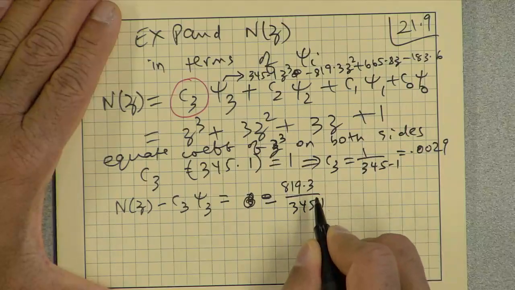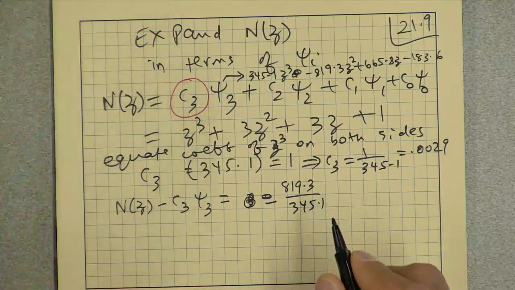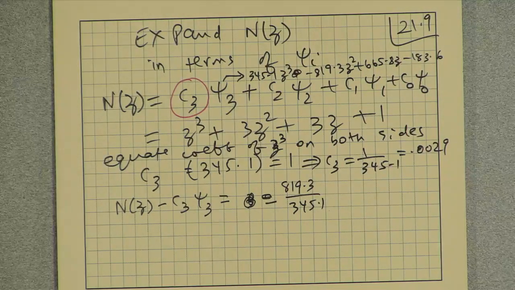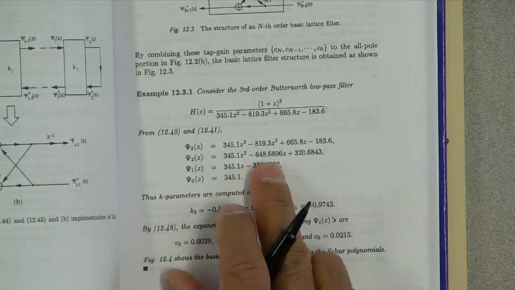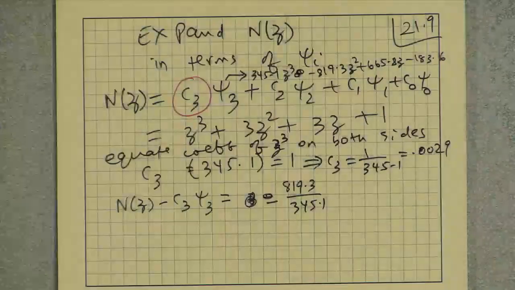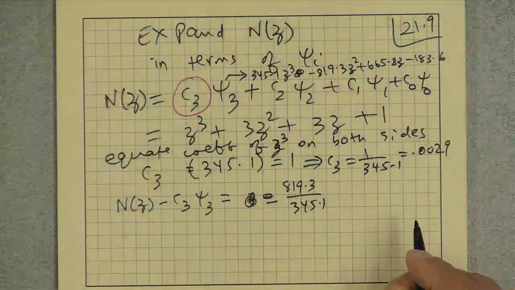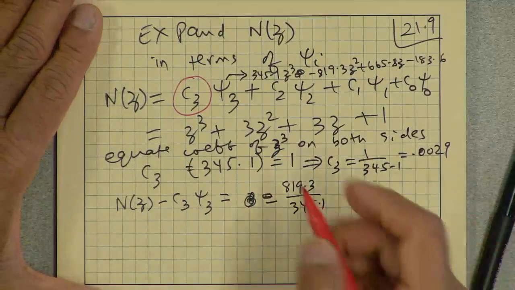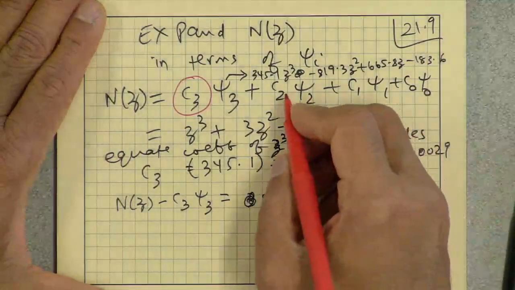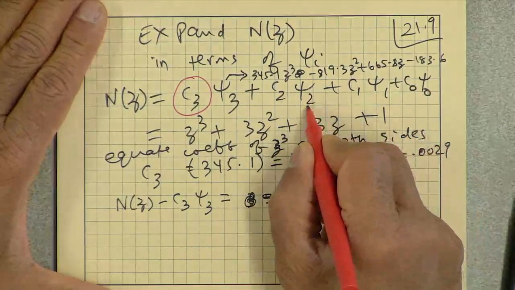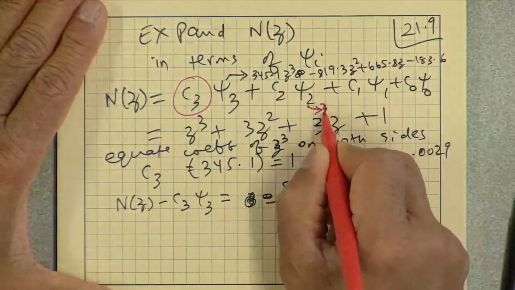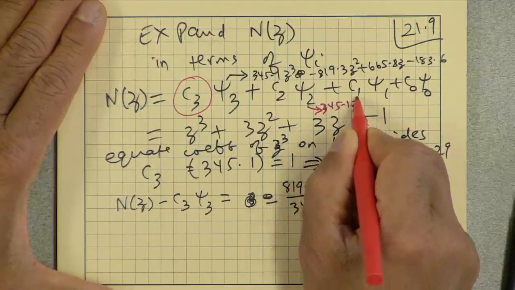Okay, I need to look at what psi 2 is. Psi 2 is also 345.1 z squared minus 648. So this quantity here, C2 psi 2, is 345.1 z squared and others.